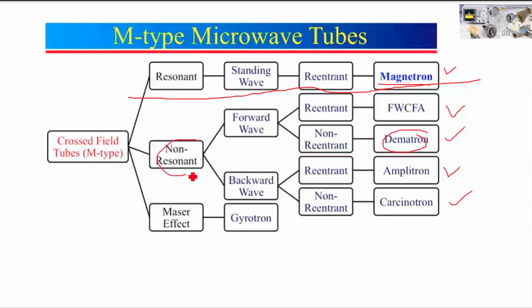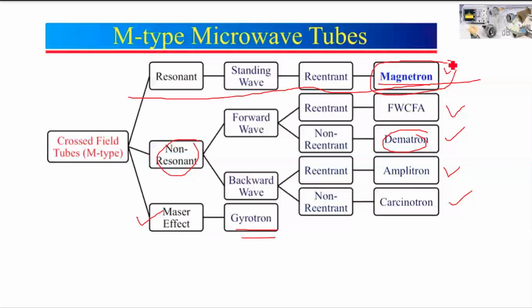Based on non-resonant type, we have devices like FWCA, Dimatron, Amplitron, Carcinotron. But for maser effect, microwave amplification by stimulated emission of radiation, we have Gyrotron. So please remember the end device application of your M-type tubes.